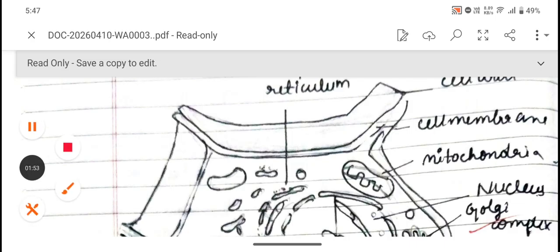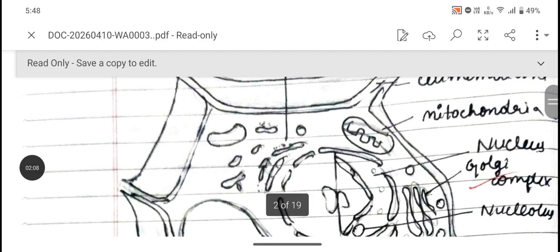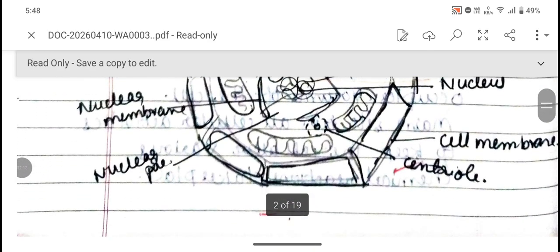In the plant cell, you can see the cell membrane present all over the cell like this. And in the animal cell also, there is a cell membrane.